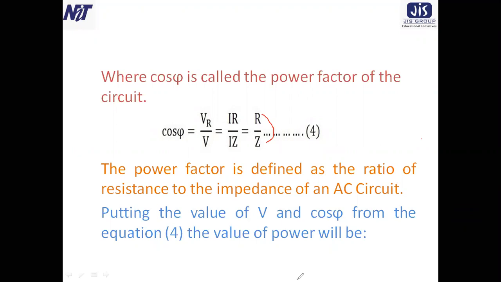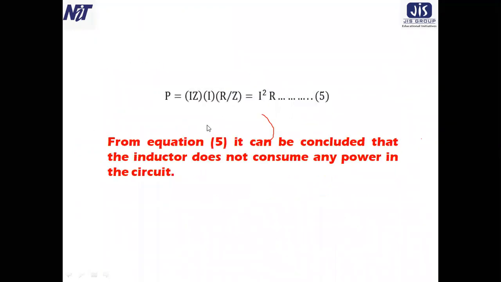So putting the value of V and cos phi from equation 4, the value of power will be, with the help of this equation we can easily find the value of power, that is P equals IZ into I into R by Z. That is I square R. Z and Z will vanish.